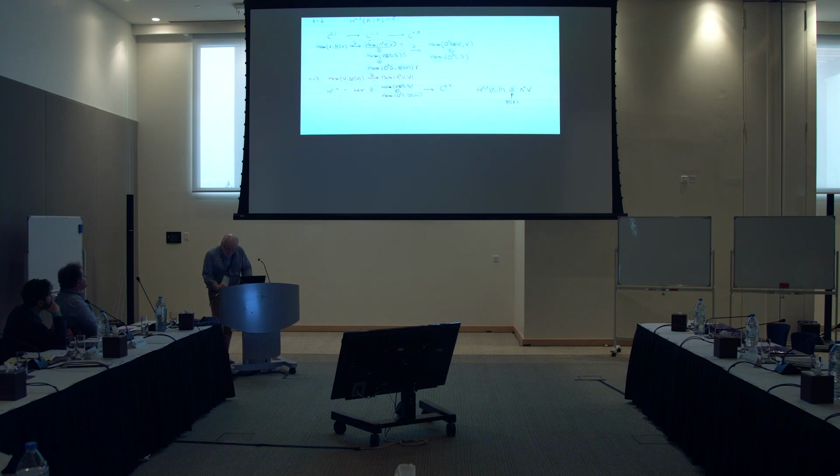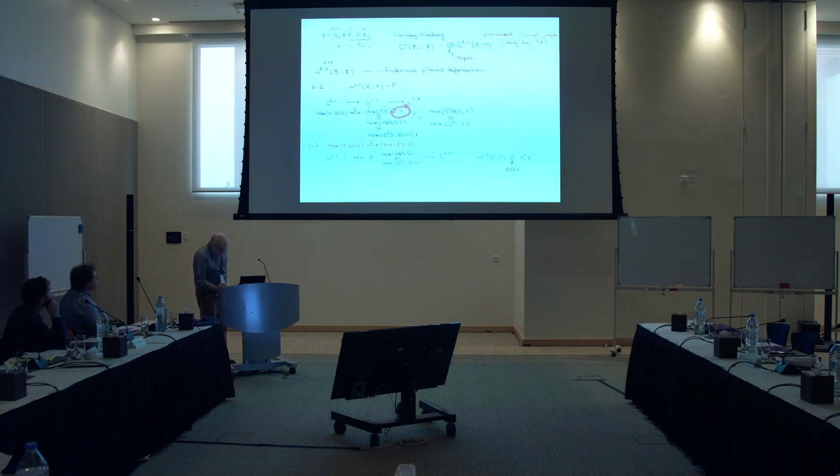I've normalized the cocycle so that alpha is 0. So what are beta and gamma? I'm not going to tell you what gamma is; it's just given in terms of beta. But let me tell you what beta is.